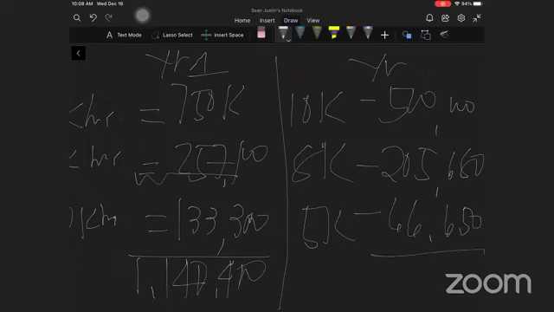Okay, therefore, the total depreciation for year 2 using the working hours or service hours method is 772,330. Okay, that's correct. This is the depreciation for year 2.